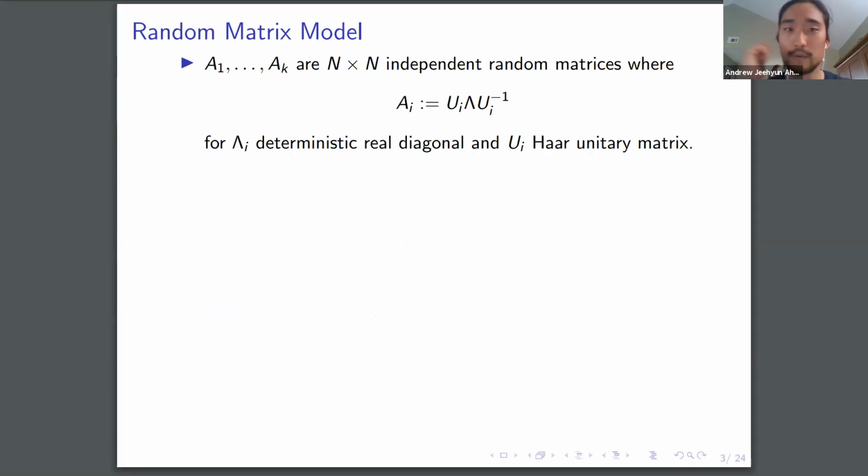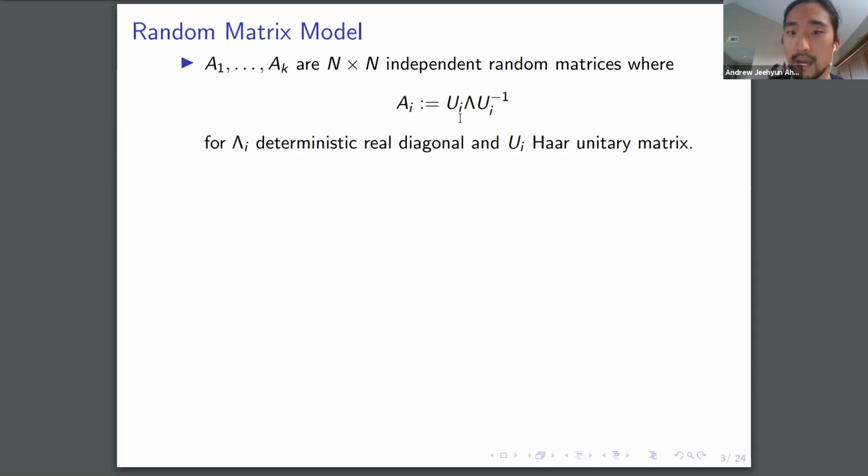So let's start with the random matrix model. What we'll care about is the setting where we have k independent random matrices. These will be n by n Hermitian matrices. And we'll specifically request that the A sub i's have the following structure. So we'll have lambda to be a deterministic real diagonal matrix.